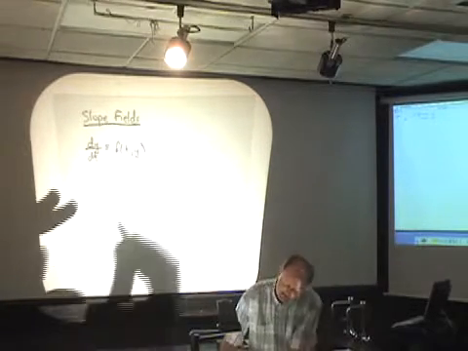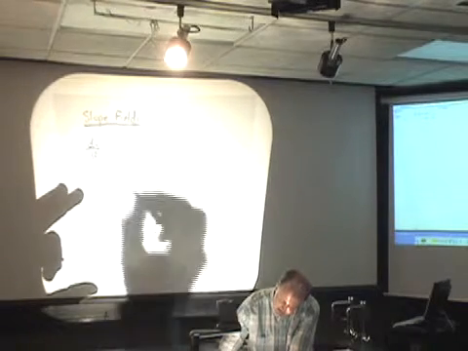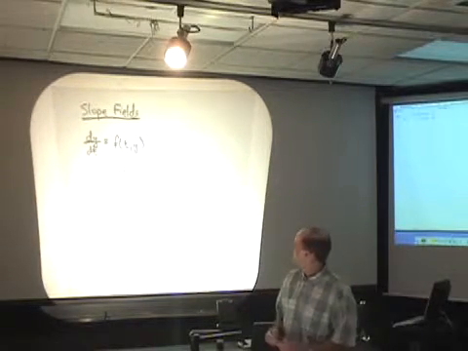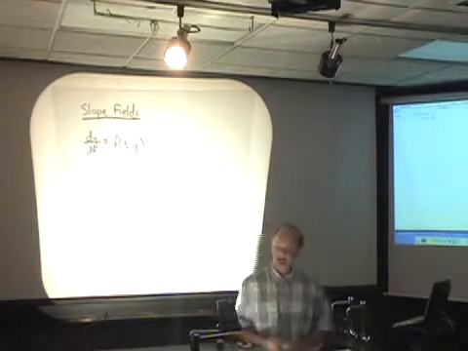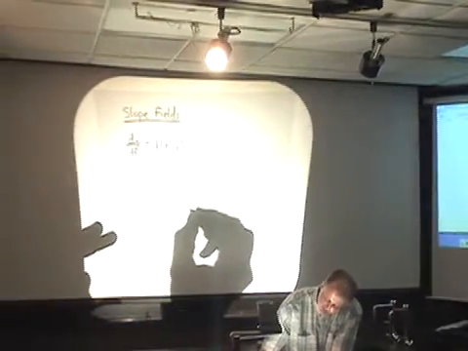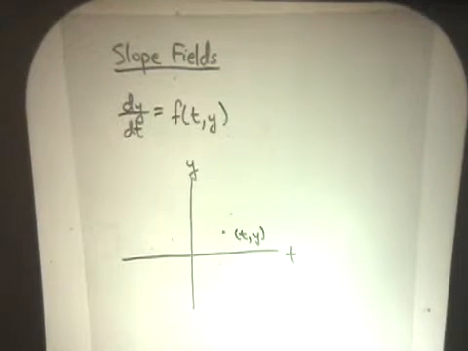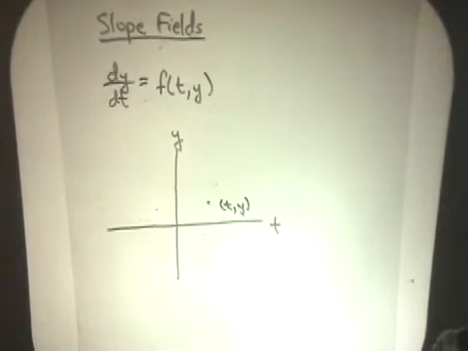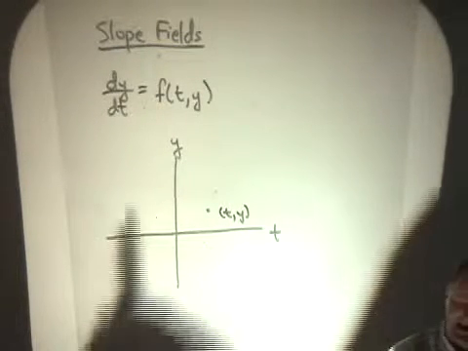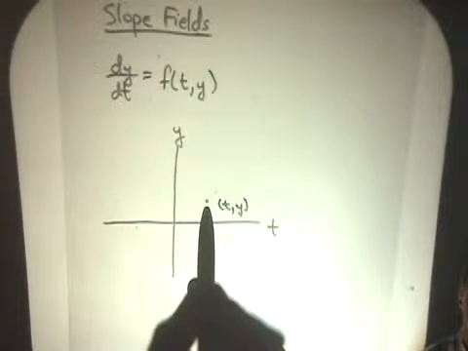And the idea is this. Create a plane and label the axes with t and y. And for any point in this plane, whose coordinates we can also label with t and y, we create a little line segment whose slope is equal to the value of this function on the right-hand side at this point t comma y.